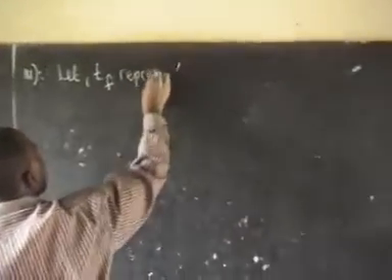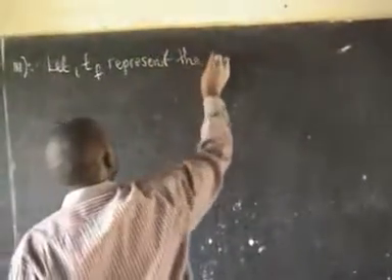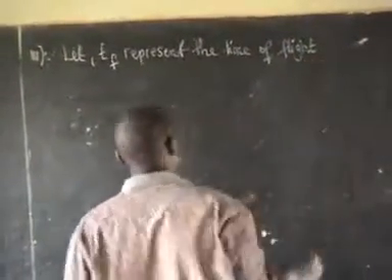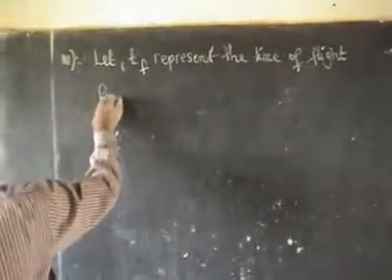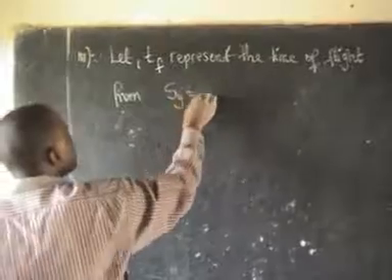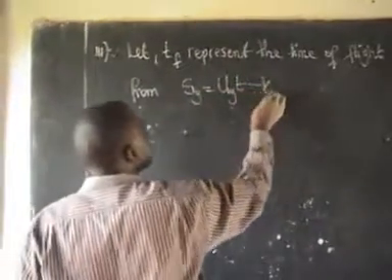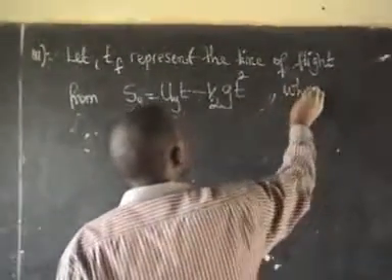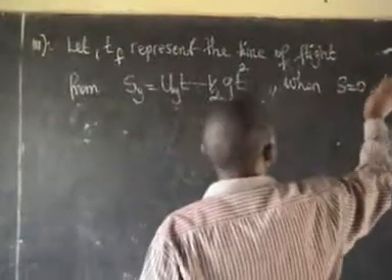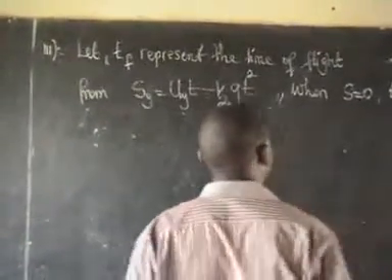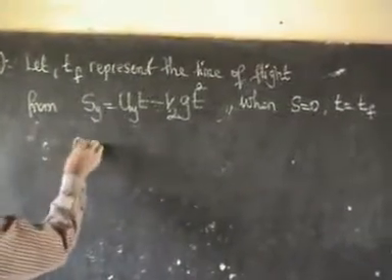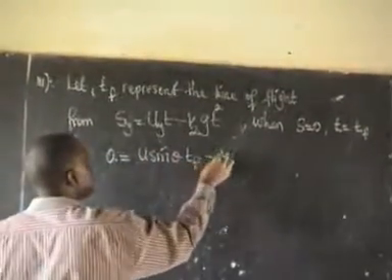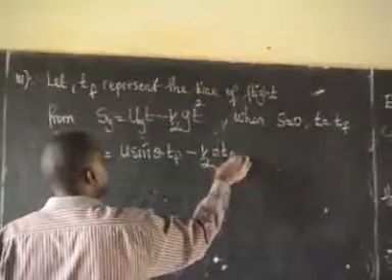Roman 3 represents the time of flight. From S equals U sine theta t minus a half GT squared, when S equals 0, then that T is the time of flight. When you substitute, this is U sine theta TF minus a half G TF squared.